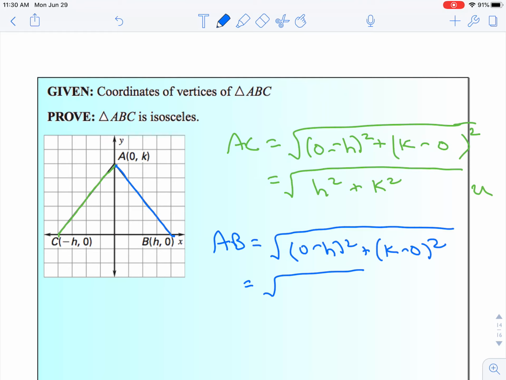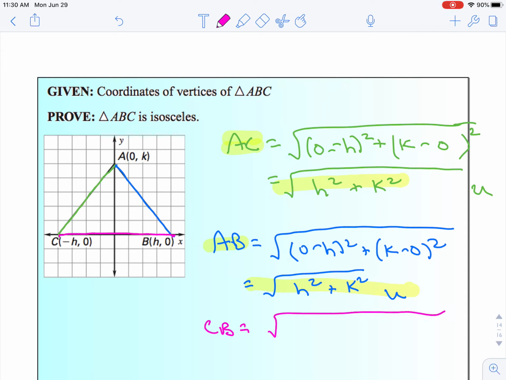So that gives me the square root of negative h, or 0 minus h is negative h, but negative h squared is h squared. k minus 0 is k, square it, and you get k squared units. So we have shown that AC is the square root of h squared plus k squared, and we have shown AB is the same. But to be thorough, what we also should show is that CB is not the same.